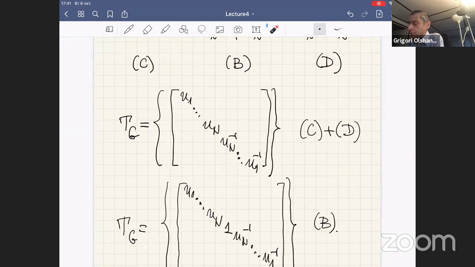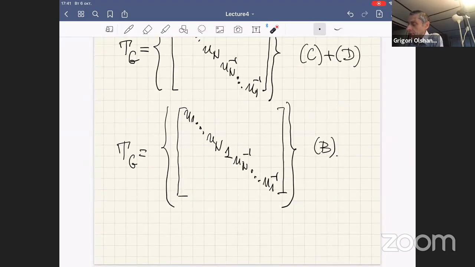The analog of diagonal matrices is obtained as follows. Here we have a symmetry: u_1 and so on, and the same variables in the reverse order and inverted. This happens in cases C and D because the order of the matrix is even. In type B, we need one auxiliary element here, and it is equal to 1.